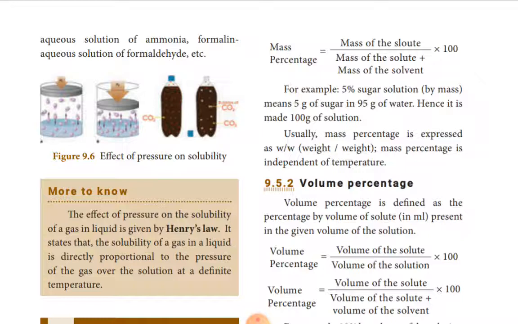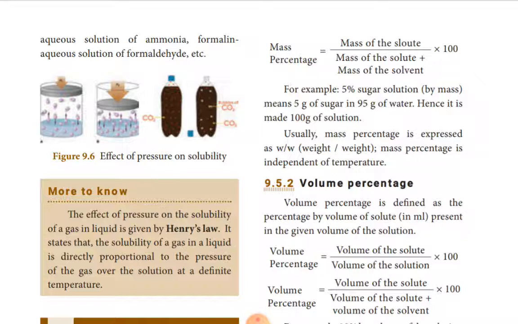For example, a 5 gram sugar solution by mass means 5 gram of sugar in 95 gram of water. Hence it is a 100 gram solution. So you write 5 in the numerator and 100 gram in the denominator, that is 5 by 100 into 100.